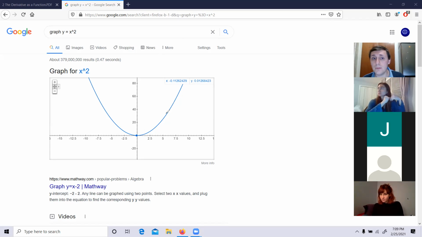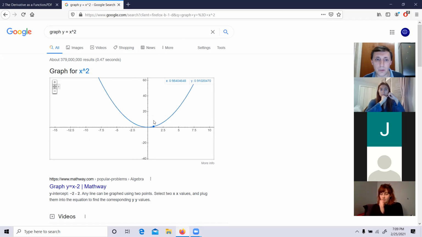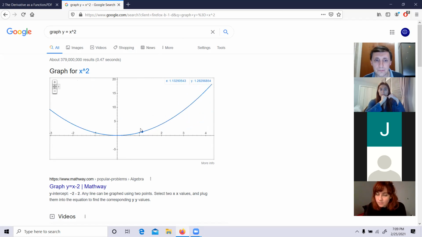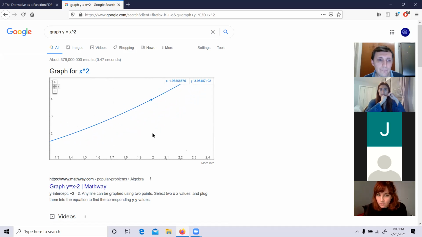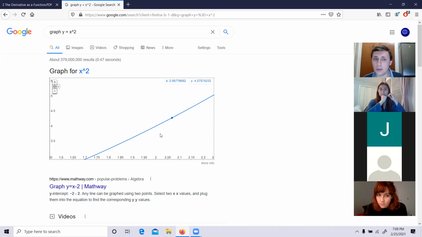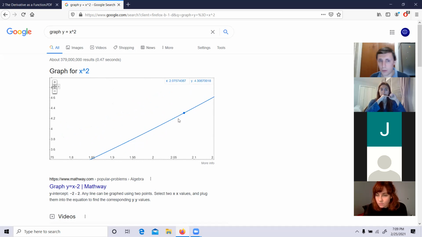Let me zoom in at the point 2. You see the point 2? Here it is. You see that the line I'm seeing is no longer horizontal. It's a different line. Yes? Do you know what this line is, guys?